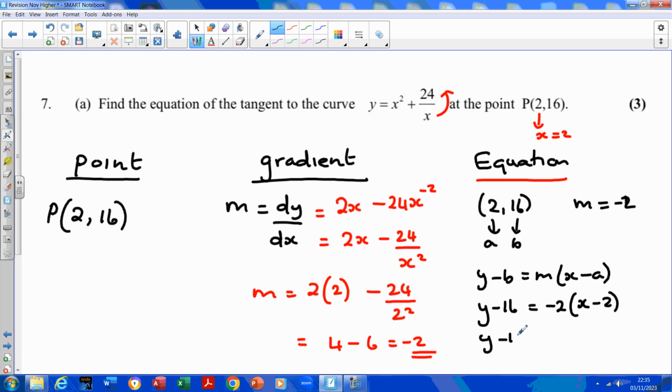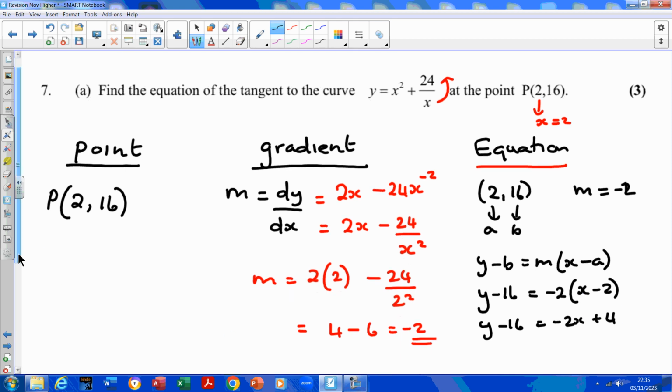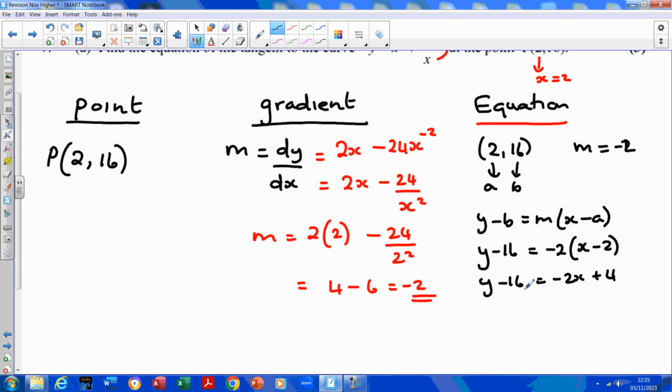So y minus 16 is equal to -2x, -2 times -2 is plus 4. We've got one last wee bit to tidy that up. I don't like that take away 16, so we're going to add 16 onto both sides. So y is equal to -2x, 16 plus 4 is plus 20. And that's the equation of the tangent to the curve.